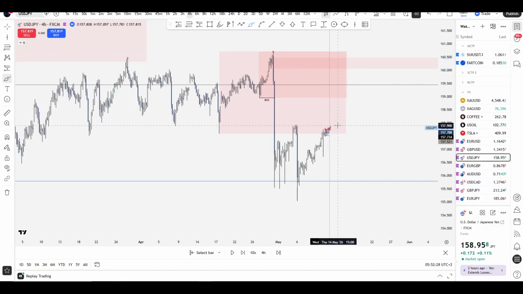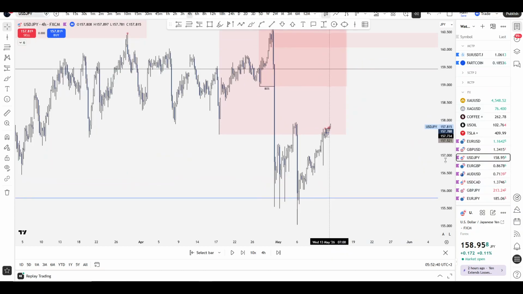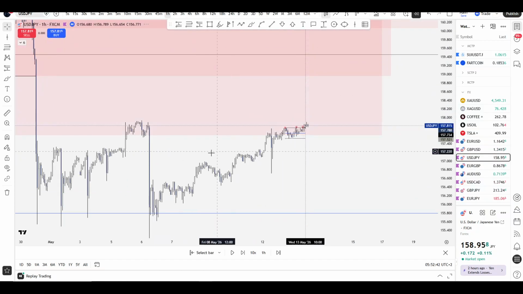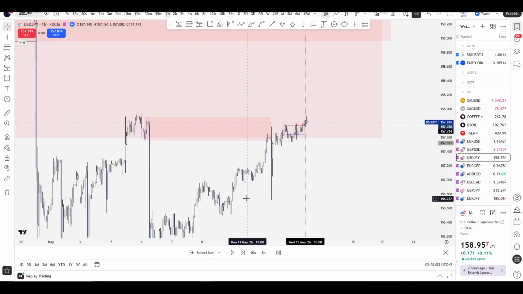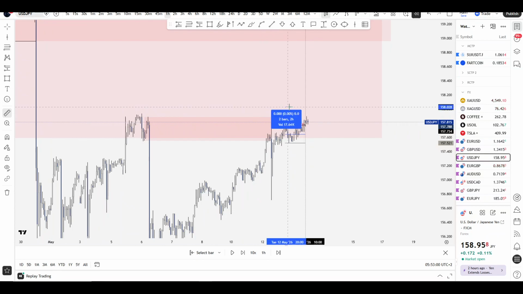So I saw the opportunity after this move up here, and this was multiple days, so from the 6th to the 13th of May, and we had a 1 hour structure supply where we rejected from heavily, as you can see, mitigated some demand on the way, and then we formed this ranging formation here.